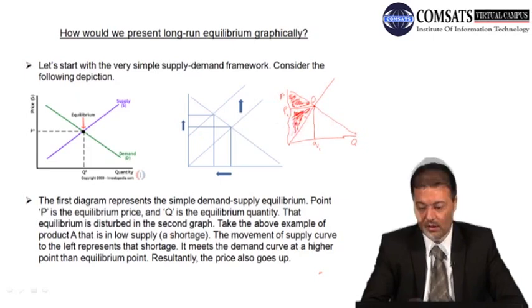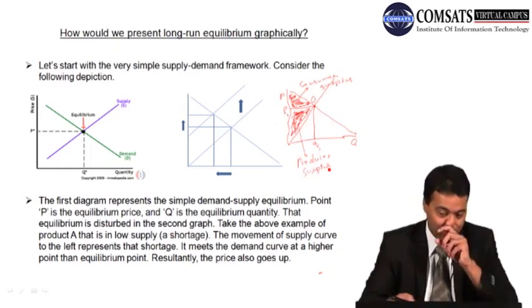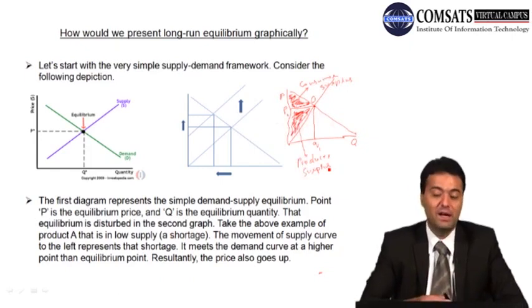These two triangles, one is the consumer surplus, this one over here is the producer surplus. My writing isn't that bad actually, but this is what happens with this kind of writing. But anyway, hopefully this is understandable and legible.